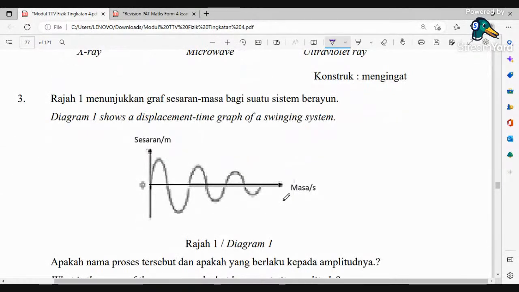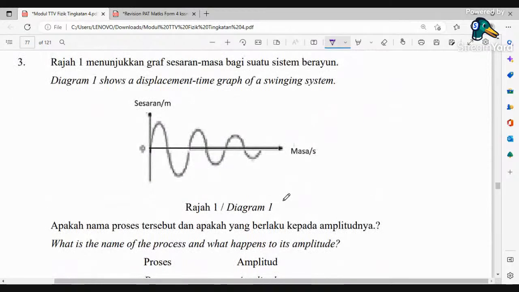Number 3, diagram 1 shows a displacement-time graph of a swinging system. What is the name of the process and what happens to its amplitude? What is amplitude? Amplitude is measured by the maximum displacement. So here is the maximum displacement, this is the amplitude.